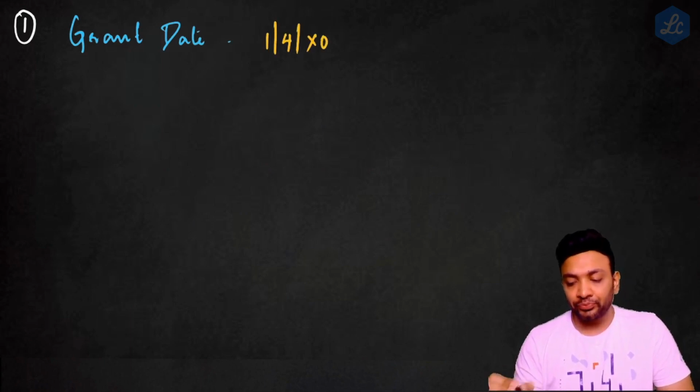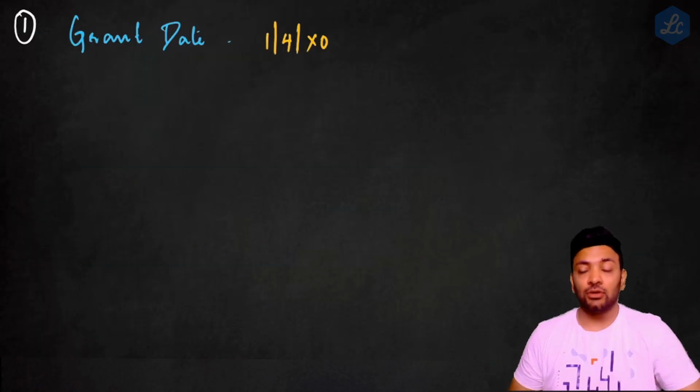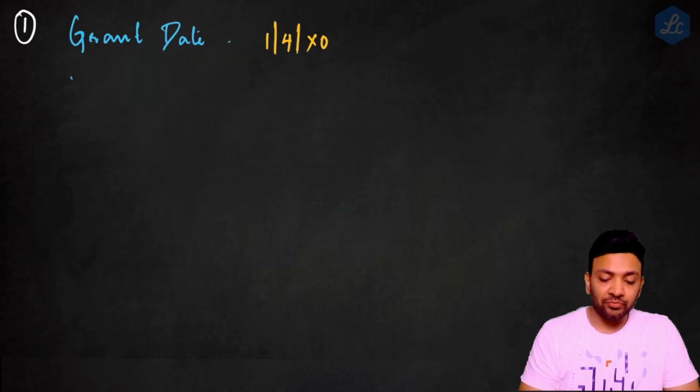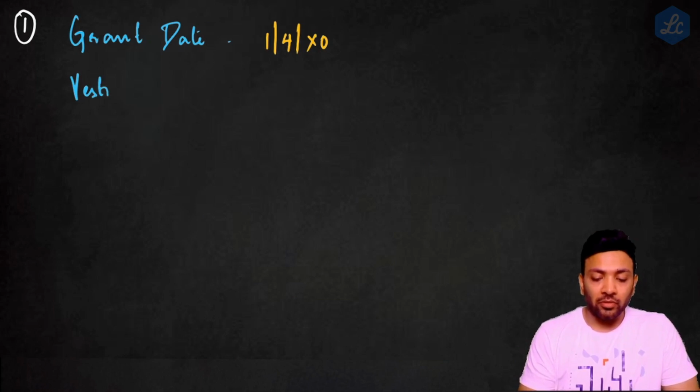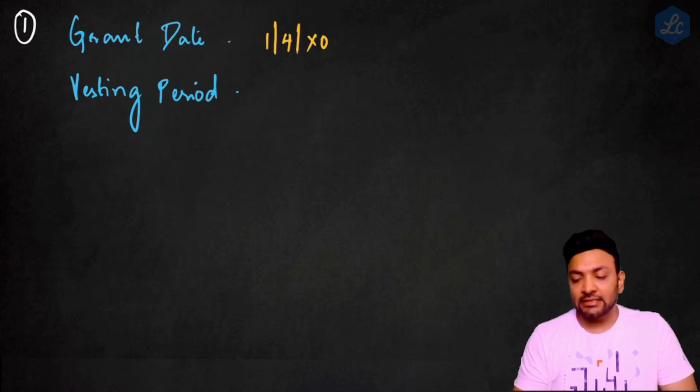Now, apart from that, look at it. He's saying that if they remain in the organization up to 31st March 2013, so that means my vesting period is 3 years.